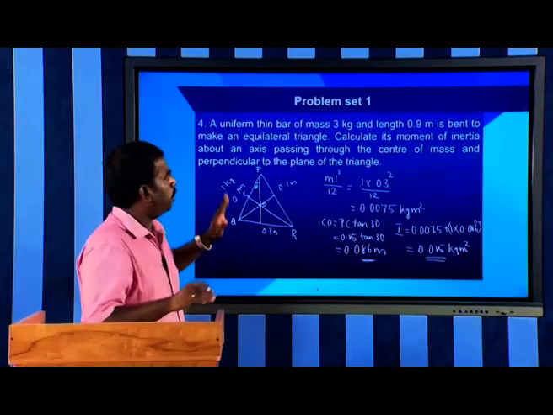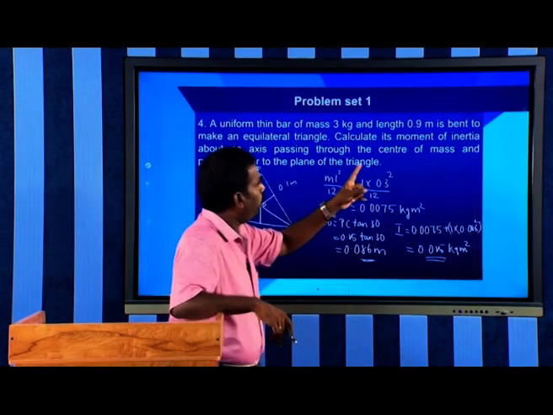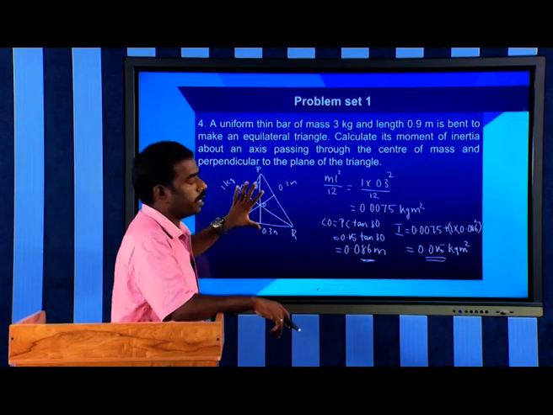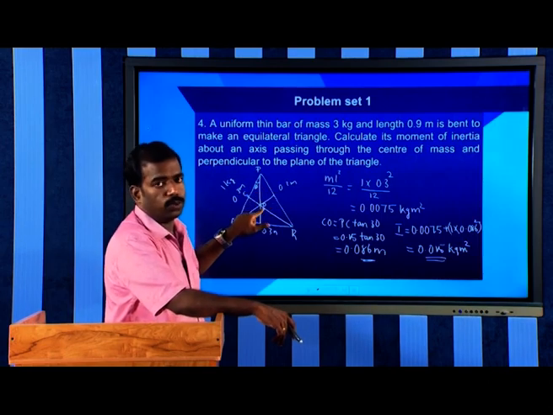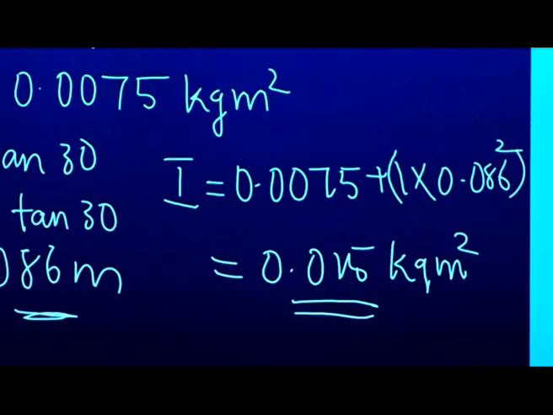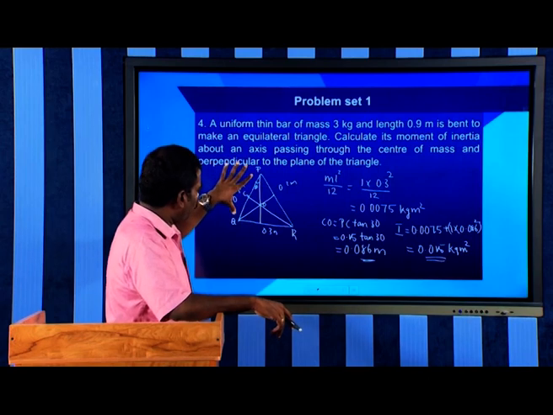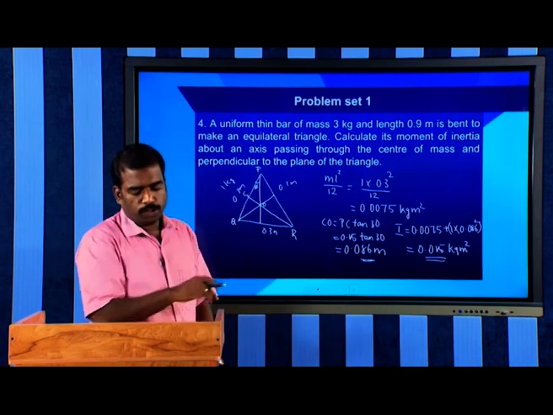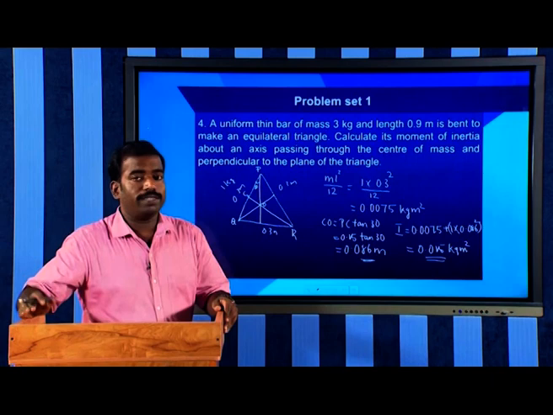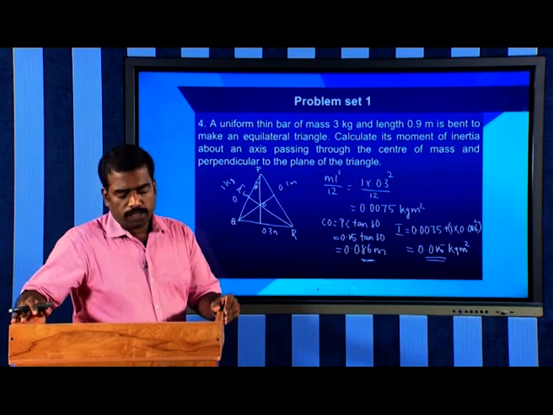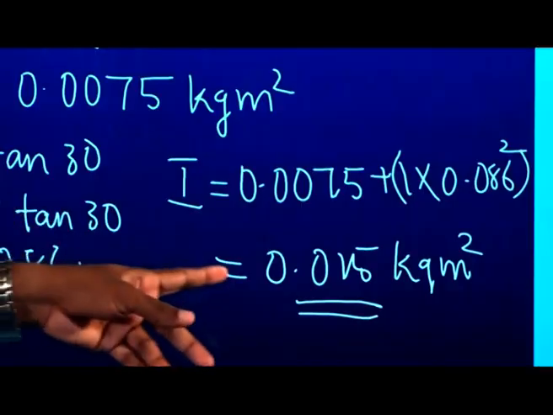So, that is why I told you this is a tricky question. We need to find out the moment of inertia of this triangle about an axis O. We now calculated the moment of inertia of one of the sides about O. So, if you want to get the moment of inertia of the whole triangle about O, you have to multiply this one with 3.